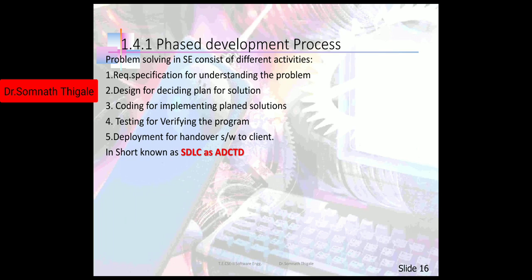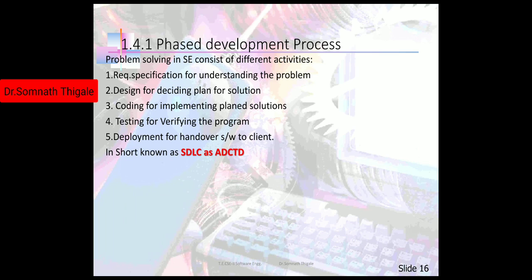So let's start with the first part, the phased development process. We are talking about software engineering and how we are going to develop software. Software engineering implements the phased development process, which consists of 5 steps or phases. What are those 5 phases?